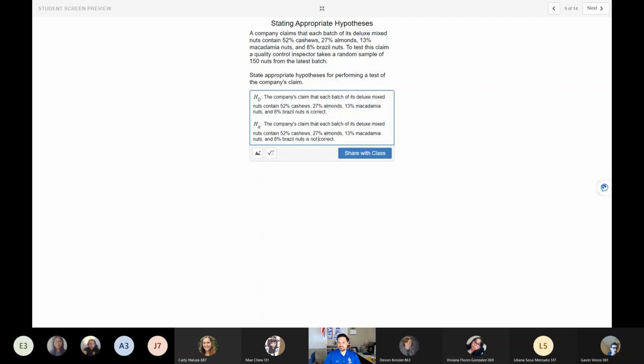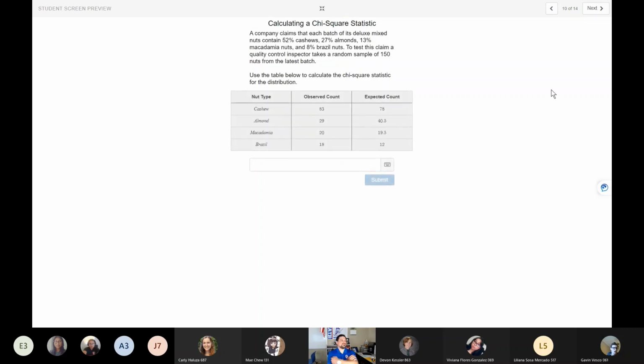All right, go to the next part. So next, we have a company that claims that each batch of its deluxe mixed nuts contains 52% cashews, 27%, same context again. Use the table below to calculate the chi-squared statistic for the distribution.